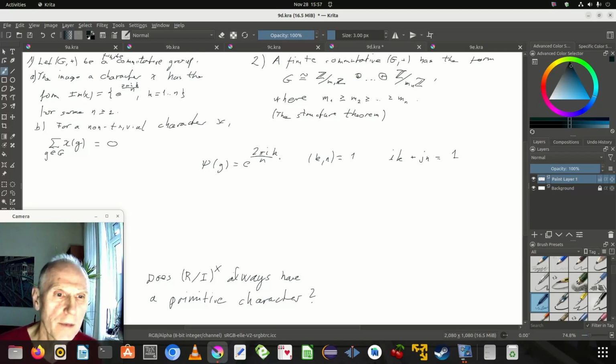And then we take psi of the jth power of g. Now that's very weird. 2 pi i k, that's 1 minus jn.